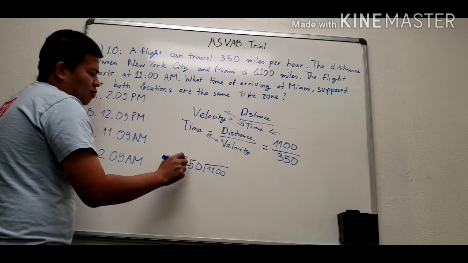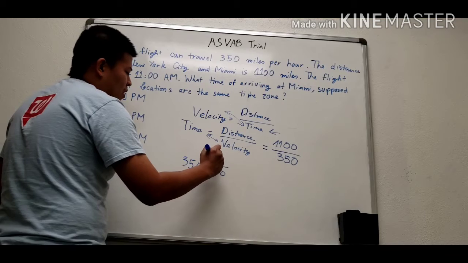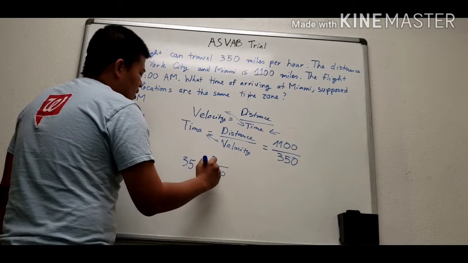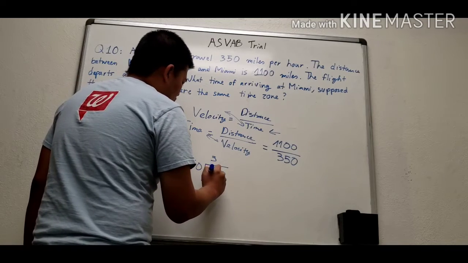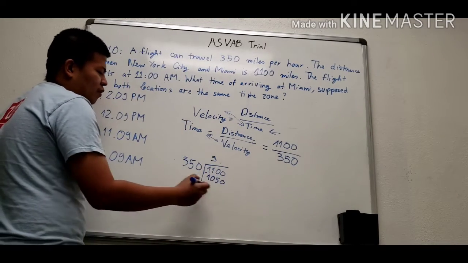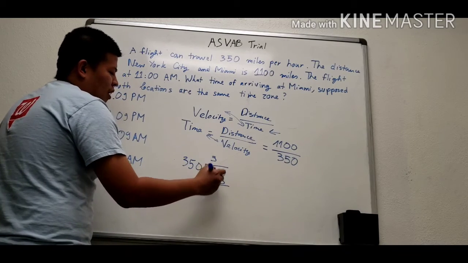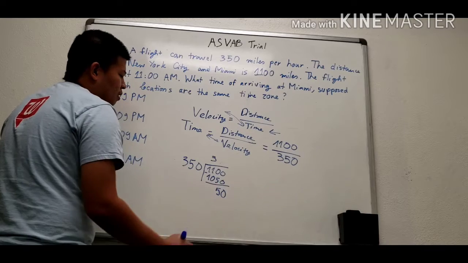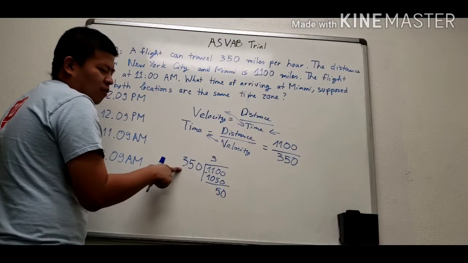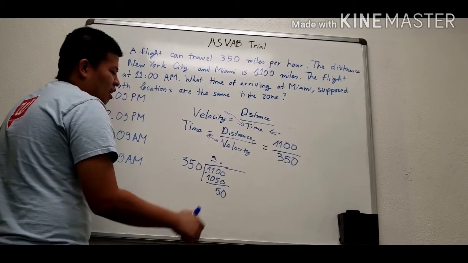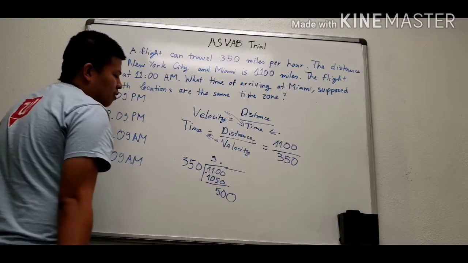We have 350, and we know that we can multiply only 3, and we got 1050, and we subtract together, we got 50 in here, because 50 is below 350, and we have a decimal number in here, and we borrow another 0.